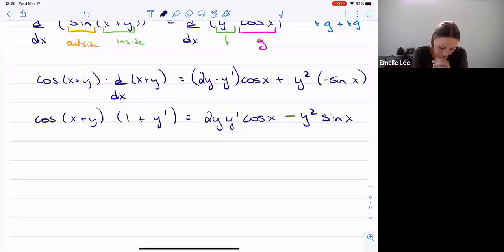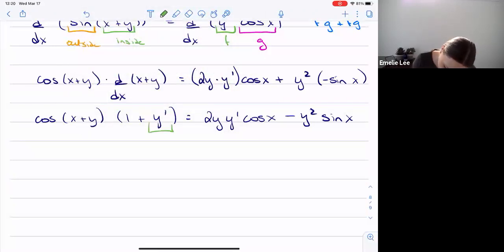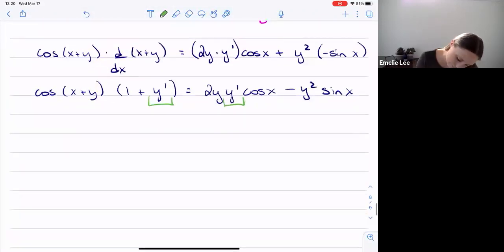Okay. What's the best way of dealing with this? I'd probably expand the cos(x + y) inside, right? Because I'm now trying to solve for y prime. So let's just highlight where they are. Y prime. Solve for y prime.